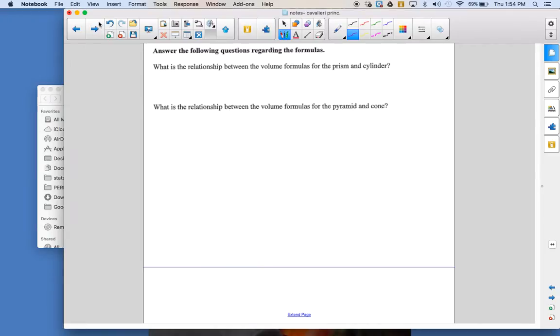Okay, so let's think a little bit here what the relationship is between the volume formula for a prism and a cylinder. And it's kind of like what I was just talking about. The volume formula for a prism is the area of the base times the height.